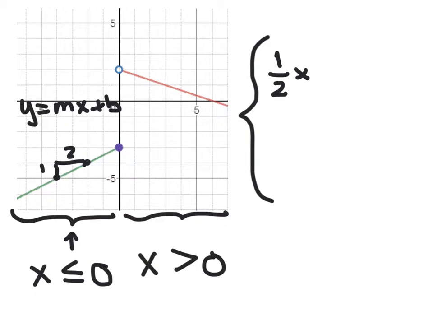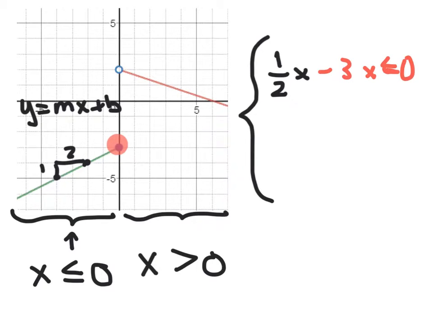And then we need the intercept, which is nicely provided for us right here. There's your intercept at -3. So this would be the function for the values where x is less than or equal to 0.